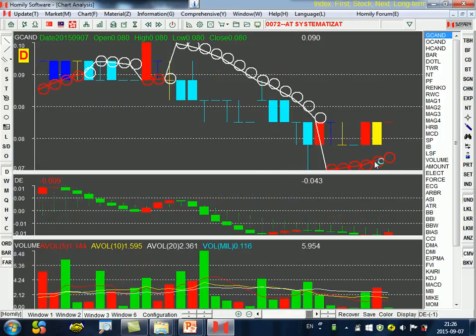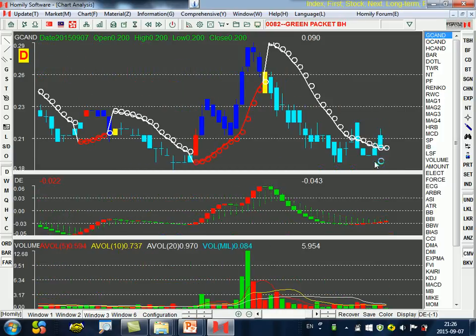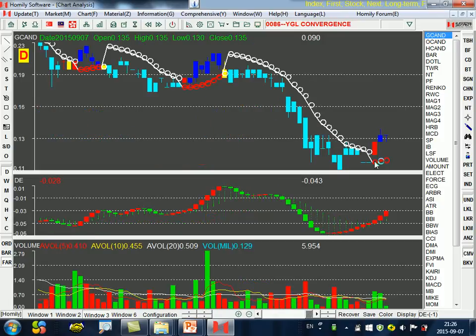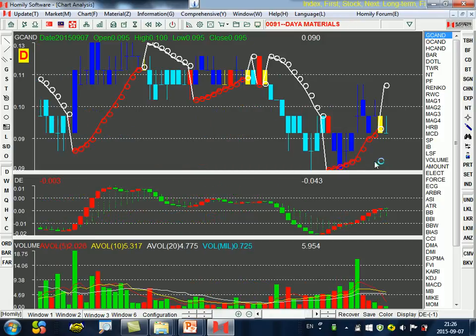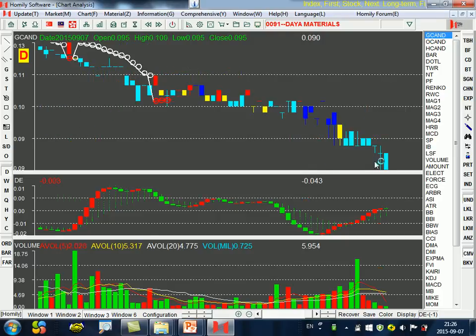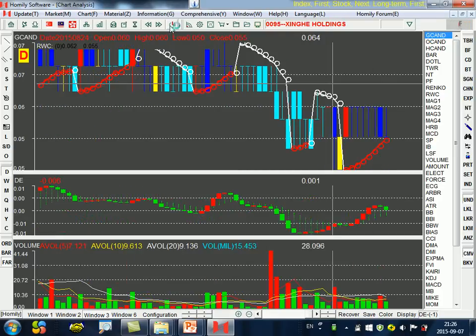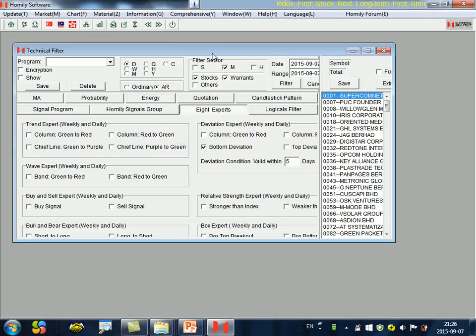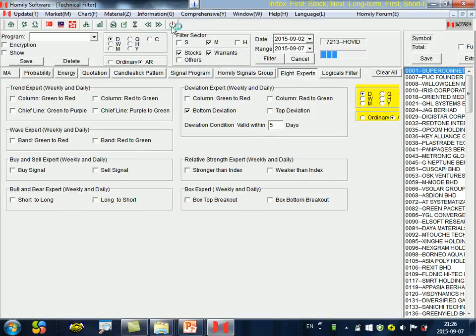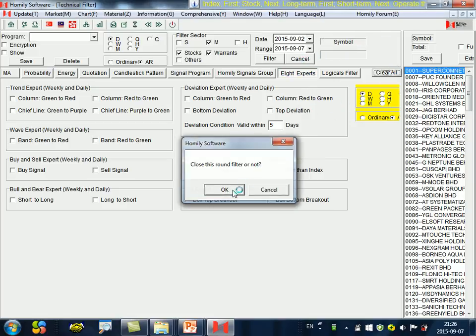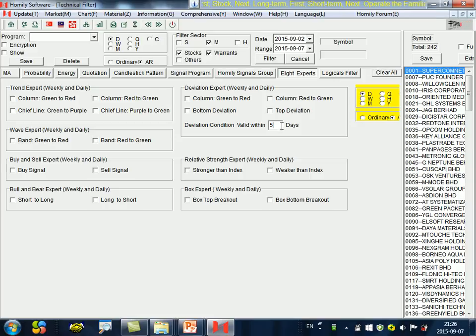Still bottom deviation. Also, you can use the 10 days, but I think 10 days is not the perfect parameter.